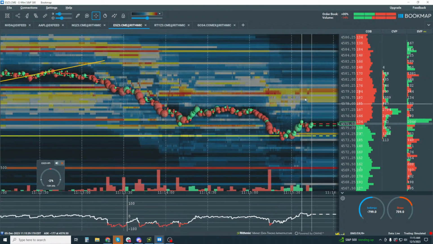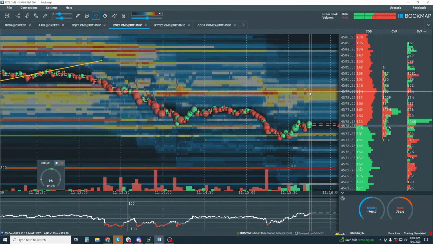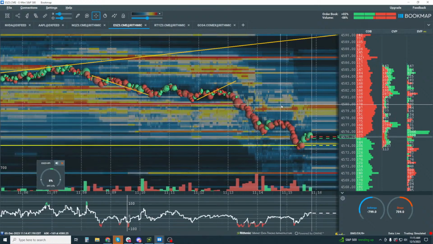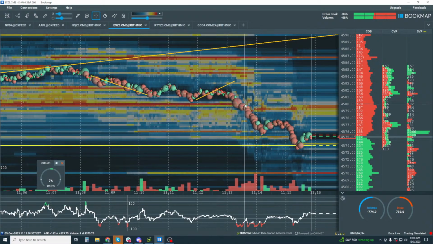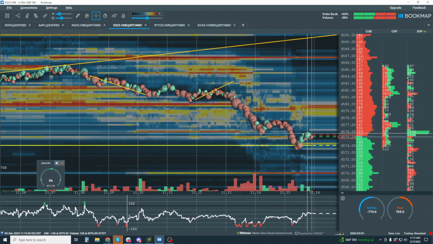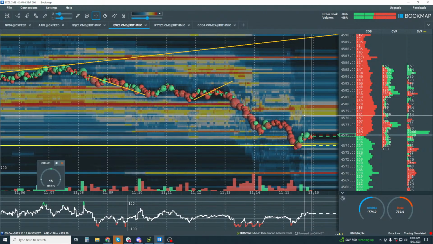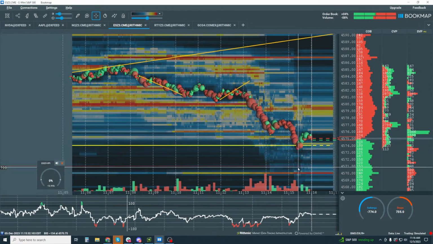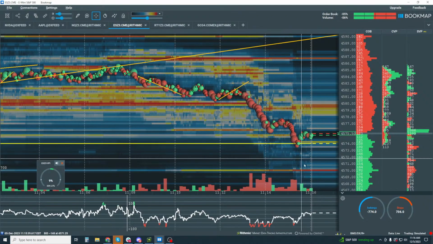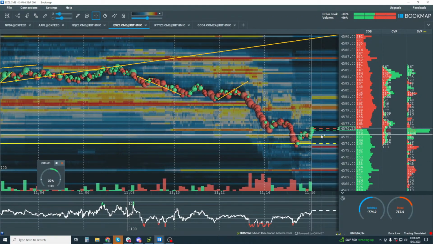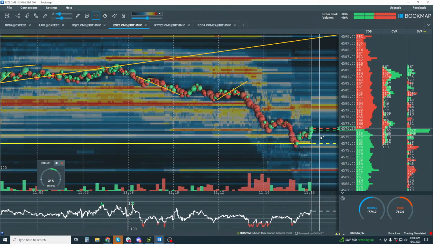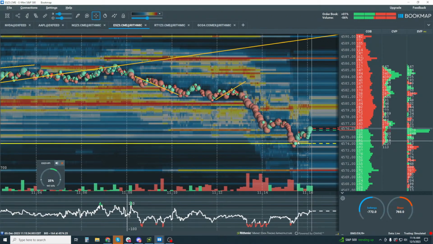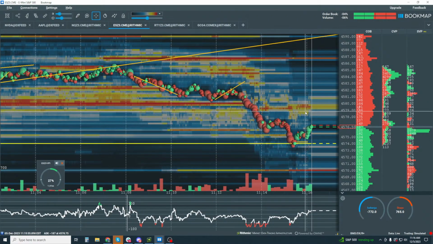Still looking for them, the move up into this 80 level looks pretty good. It's just too much selling. Look, we've got to take a break here, and then looking for buyers to just retest back up here. Sellers are in control of the move right now. But after such a strong sell move here, we're looking for a retracement.